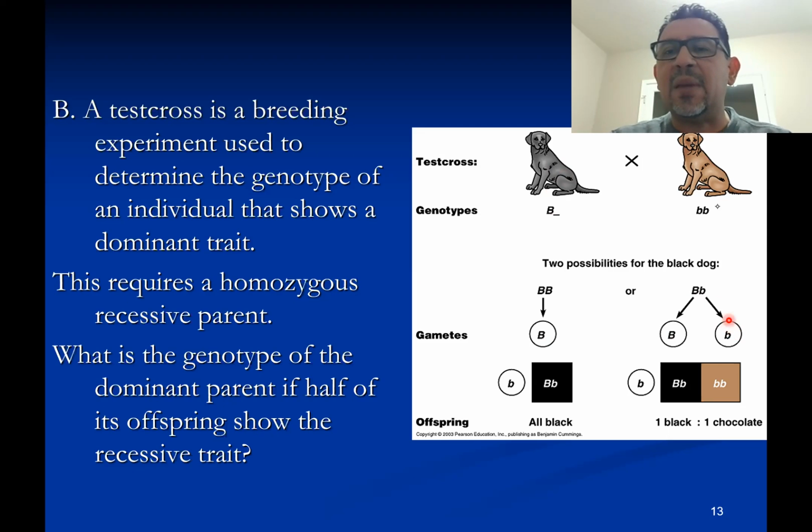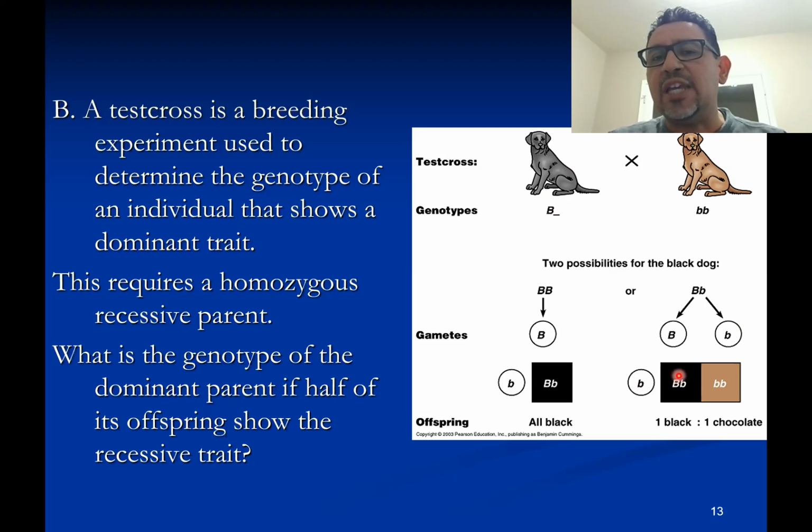Now remember, we're still using our homozygous recessive parent, the one that can only make gametes with the brown allele. So that's why we only have here one gamete shown. If the capital B goes with the lowercase b, then you're going to have a heterozygous individual with black coats.